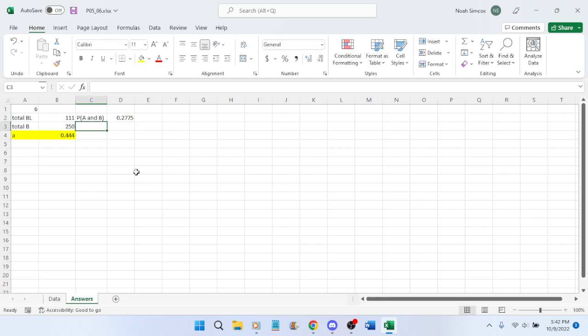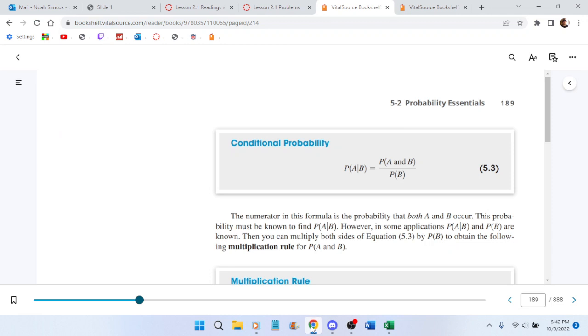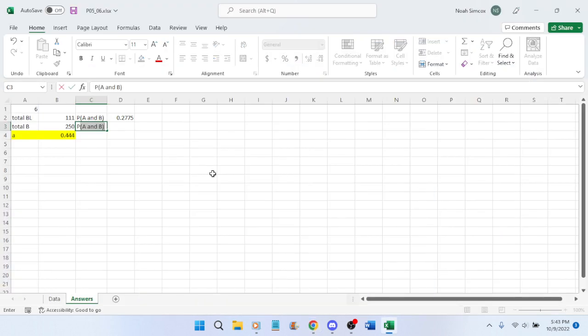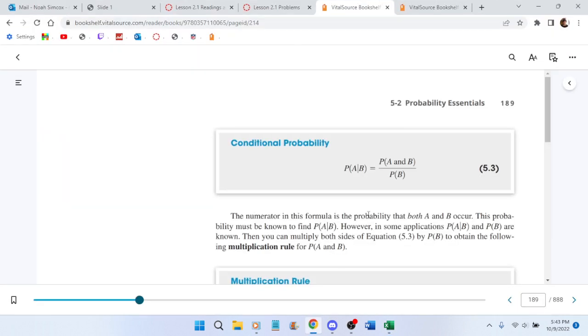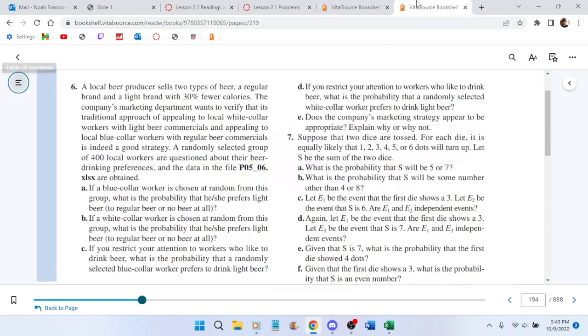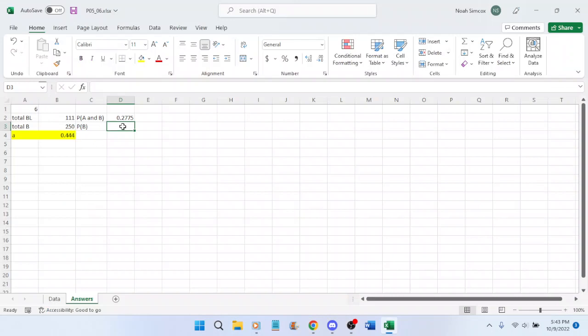Probability of just B. Well, we established that B is the thing that they gave us, and that is getting a blue collar worker, and the total amount of blue collar workers is 250. So it's going to be 250 divided by 400.